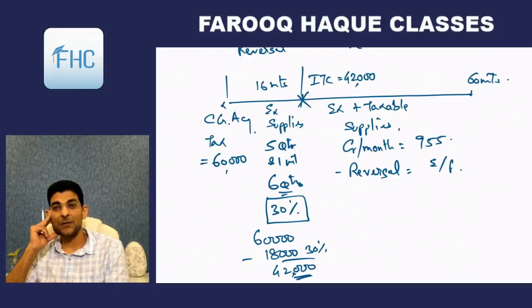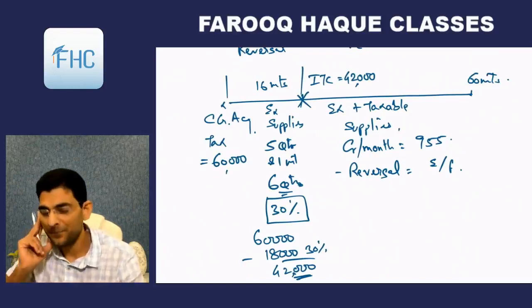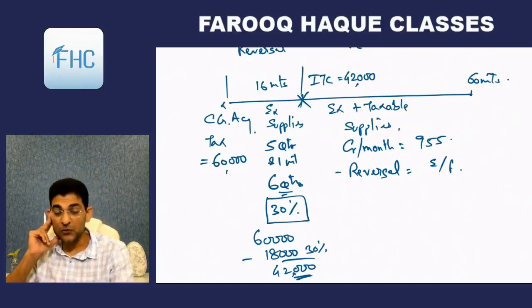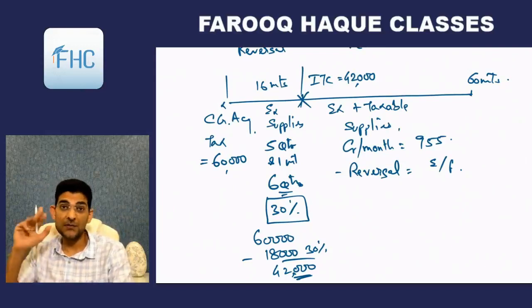Okay, now in this I'll explain one more logic which is to come, that it may also happen that an asset which was earlier used fully for taxable supplies is now converted into part use. That can also happen.